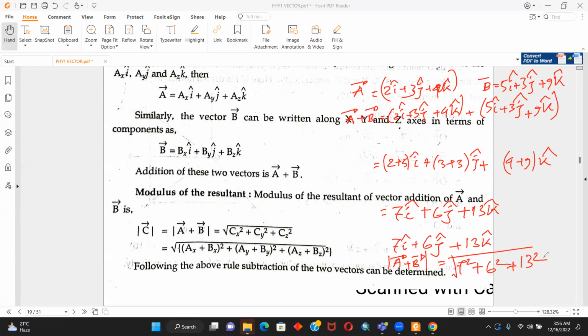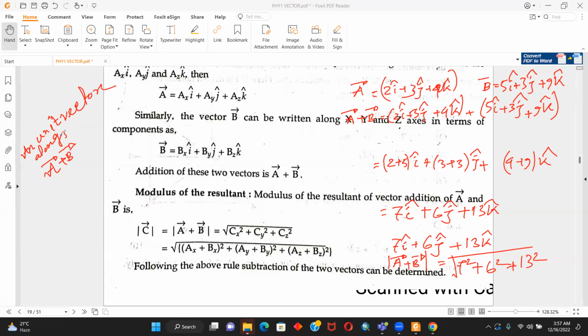So now tell me, what will be the unit vector for a vector plus b vector? Let's see how much you have understood. A unit vector along a vector plus b vector, what should be the answer?